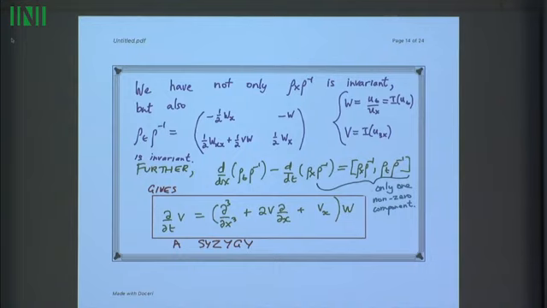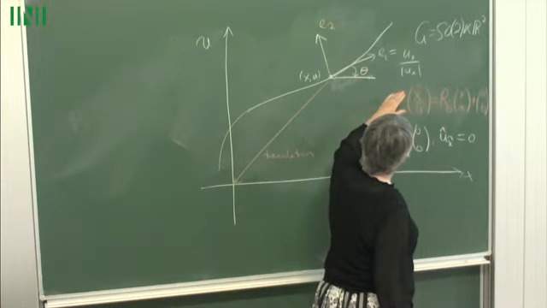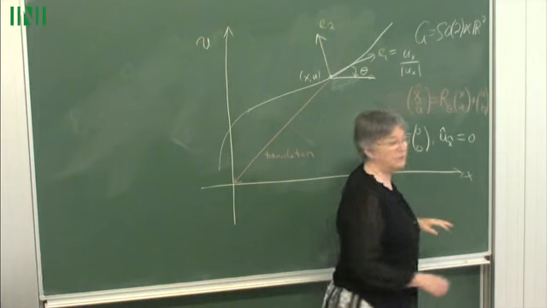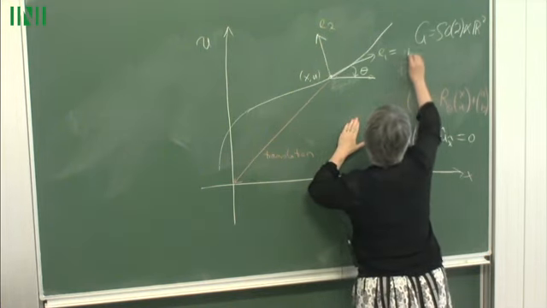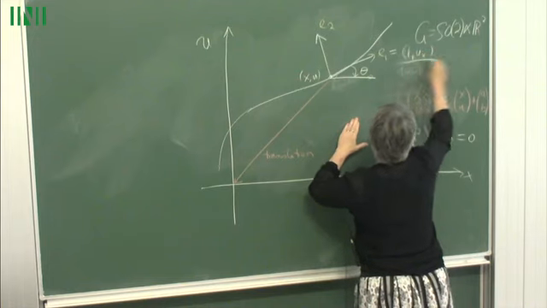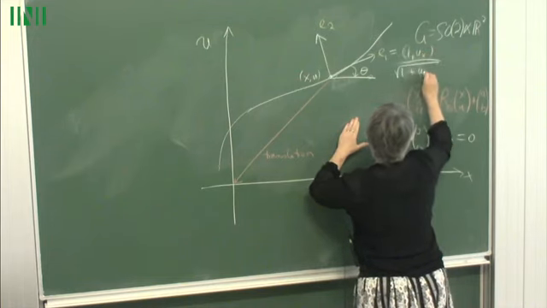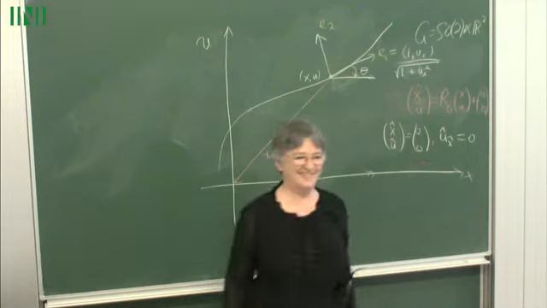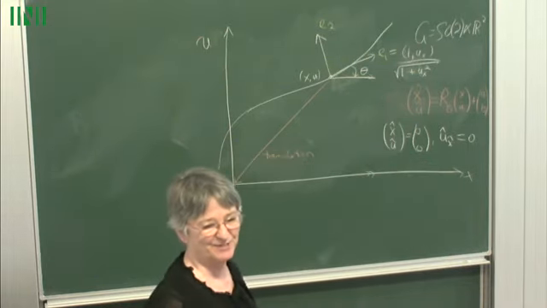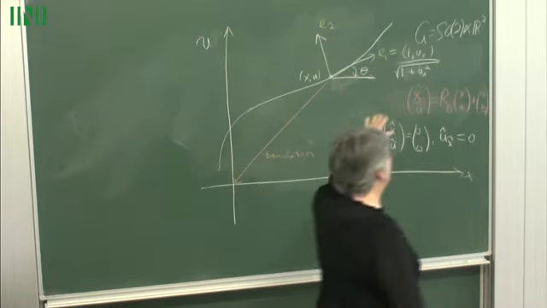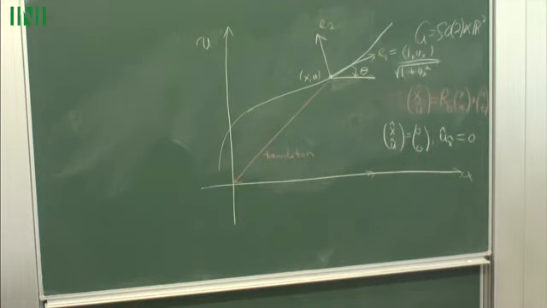So when you write ux over the norm of ux, does it mean 1 comma ux over the norm of 1 comma ux? Yes, I do. Thank you.